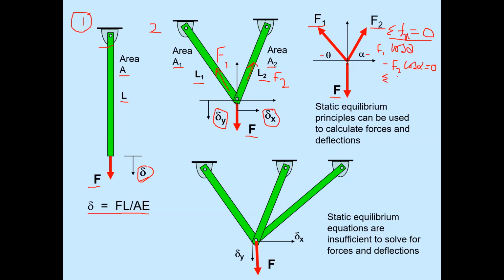The second equation is sigma Fy equal to 0. What will it become? We can get the force components in the vertical direction. The force F1 in the vertical direction is F1 sine theta. The vertical component of force F2 is F2 sine alpha.